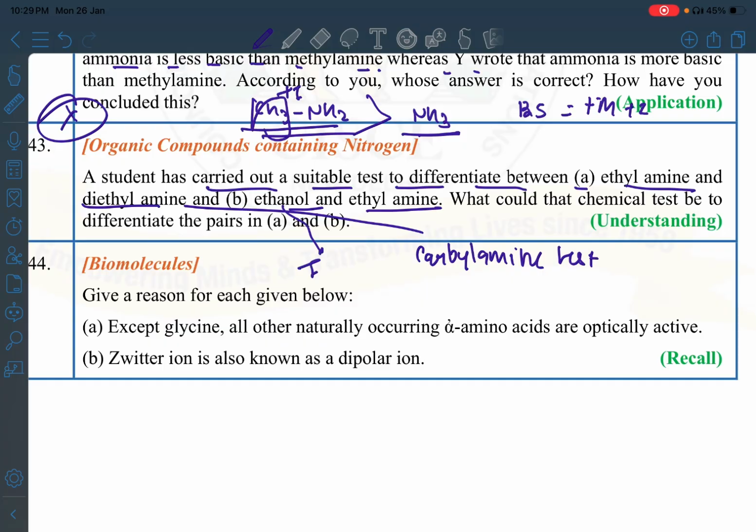Ethanol gives the iodoform test: whenever we treat ethanol with I2 and KOH, it gives a yellow precipitate of CHI3, iodoform. Ethylamine doesn't give the iodoform test. So for ethylamine and diethylamine we use the carbylamine test, and for ethanol and ethylamine we do the iodoform test.